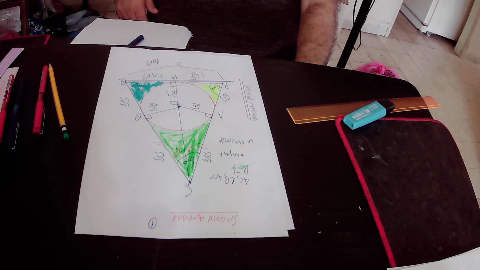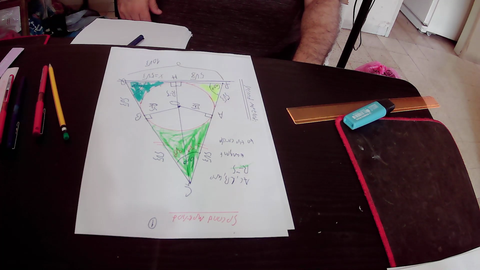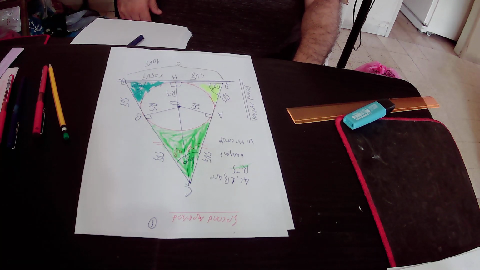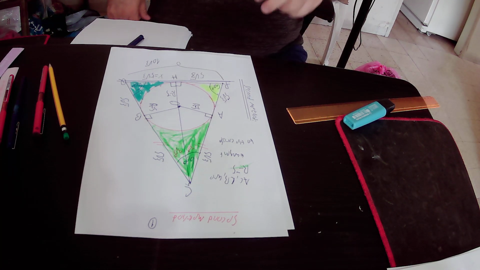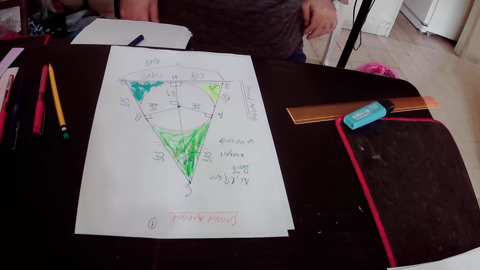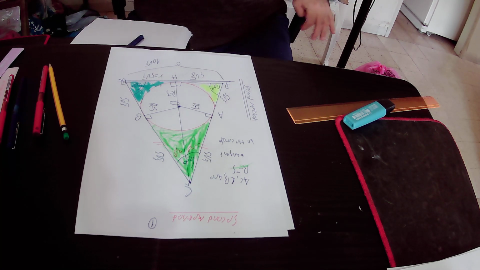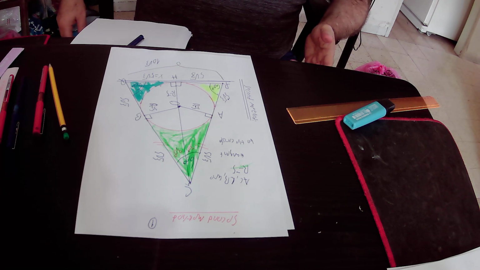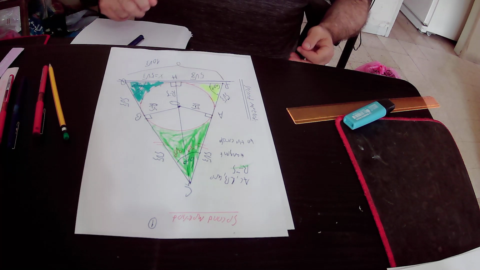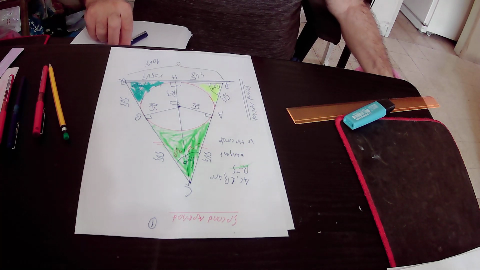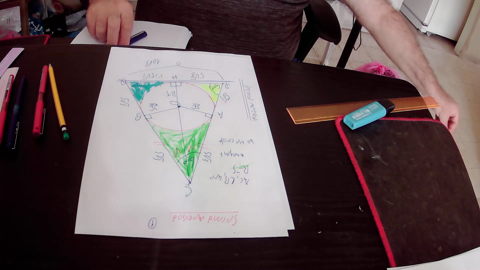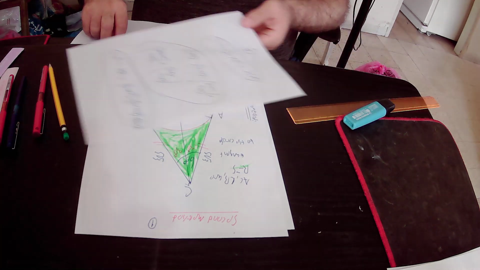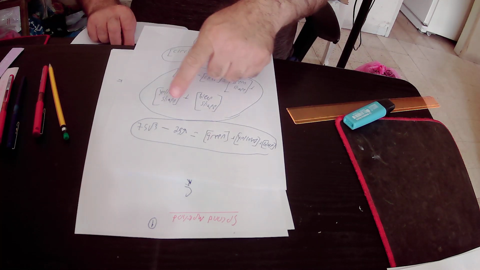So we will divide the total area of the three shapes by 3, and we will get the area of each shape, and especially the area of the green shape. Here we have this expression.